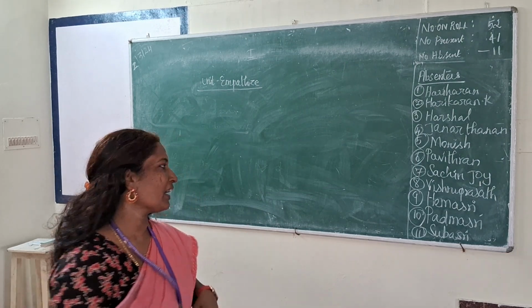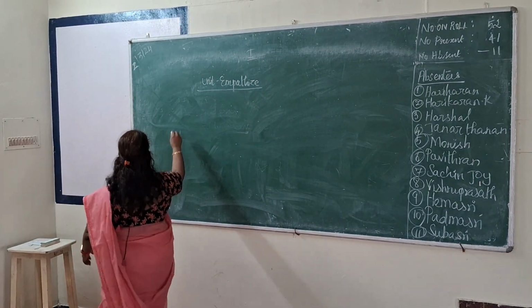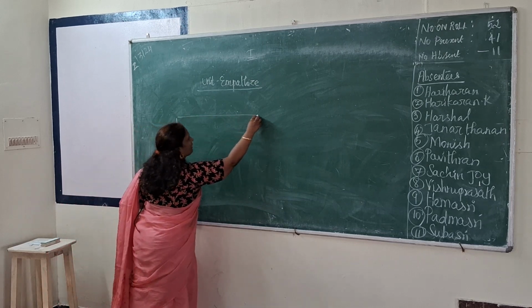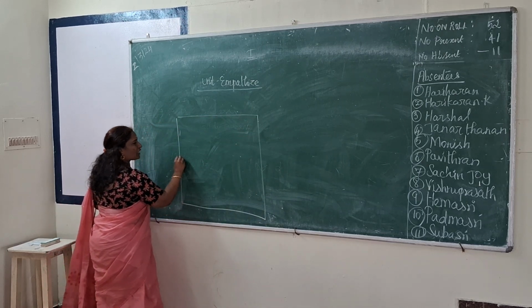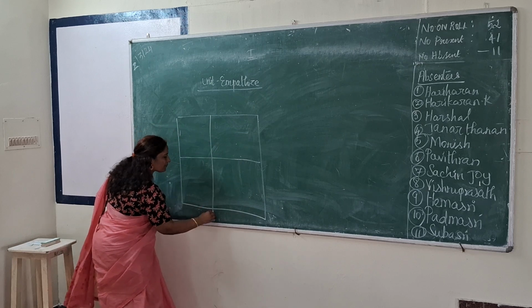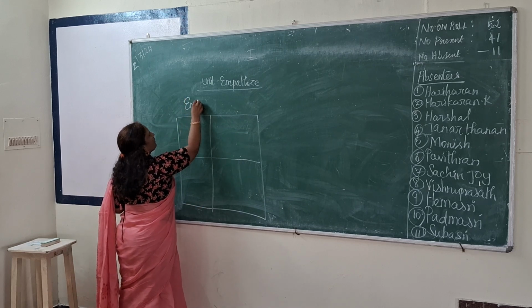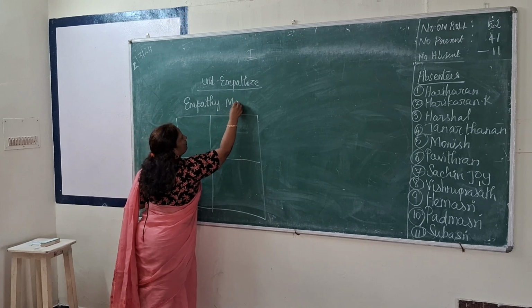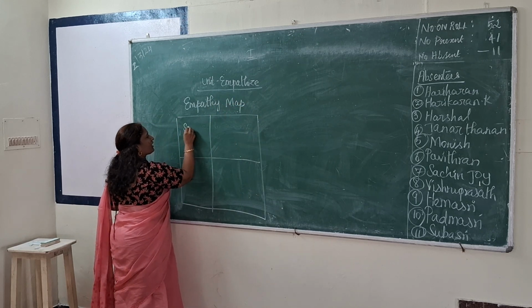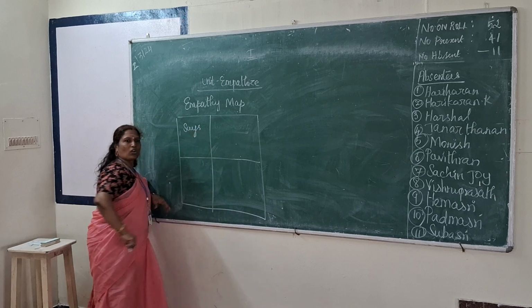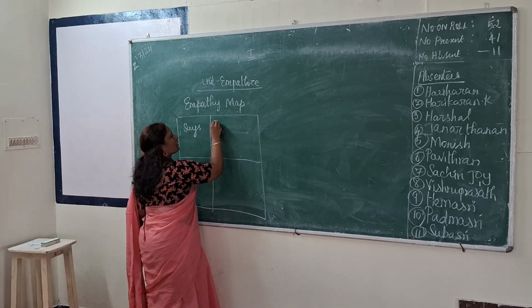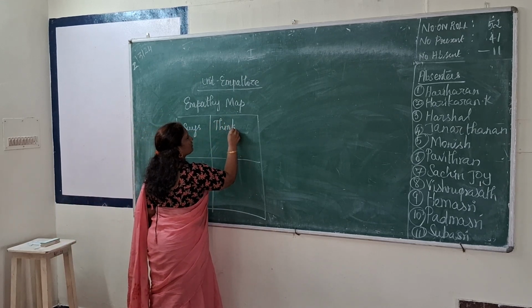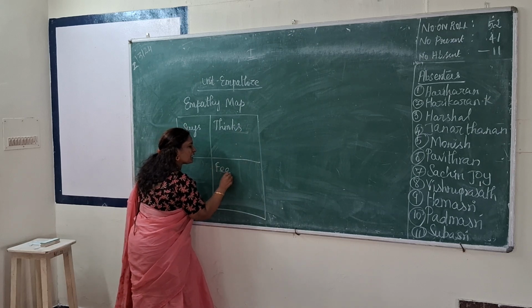Correct? In the empathy quadrant, we have four very important elements. You remember that there are four things in the empathy map. What they say, what they think, what they feel.